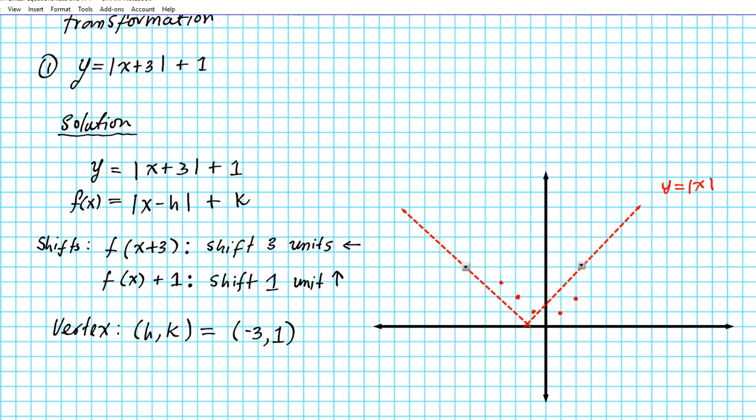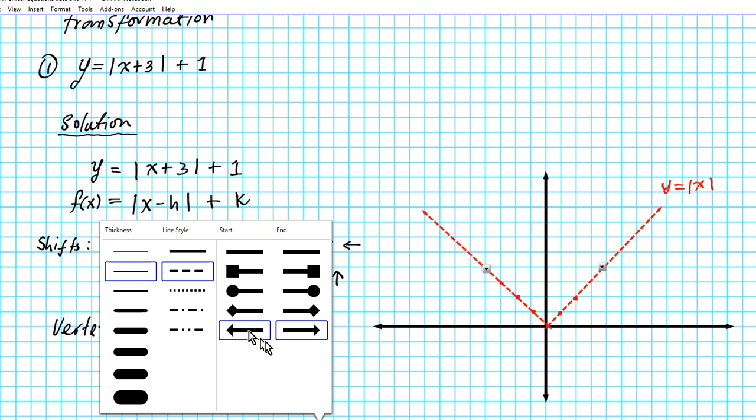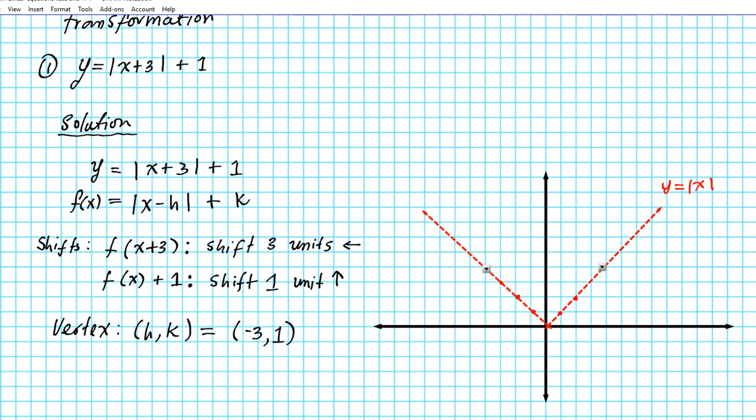So you go 3 units to the left, 1, 2, 3, and then you're going to go up 1. Bam. That's where the final function is going to be. Okay? So you shift the original function 3 units to the left, and then you go 1 unit upwards.